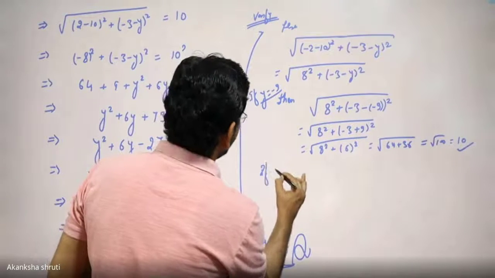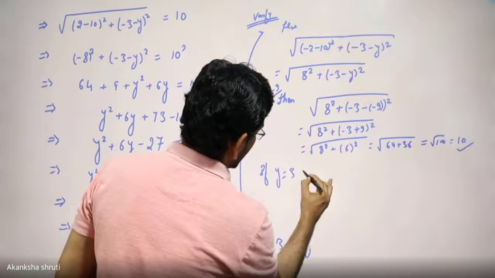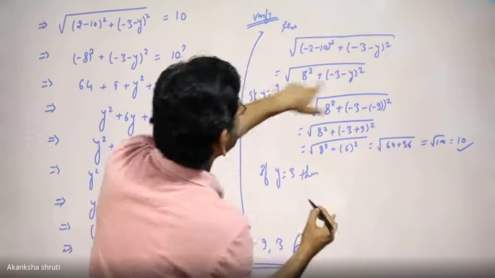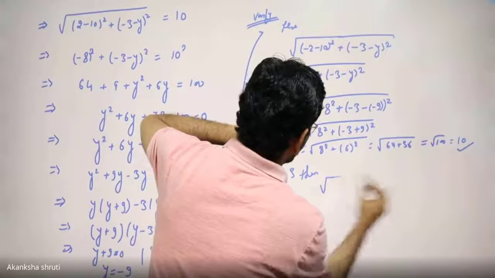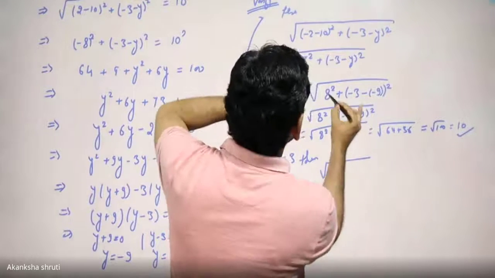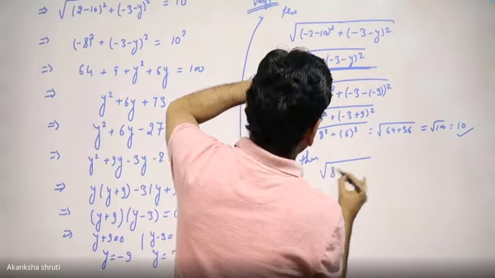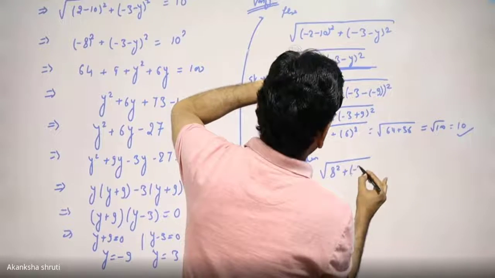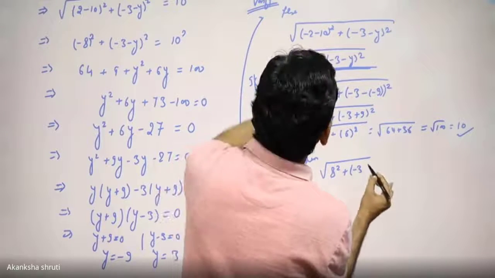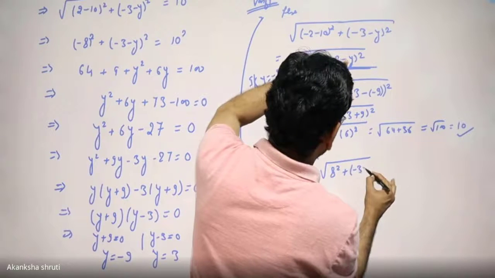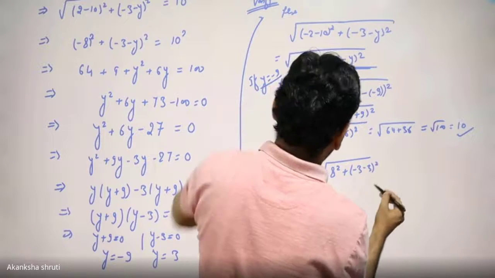Students, if we are taking y is equal to 3, then what is this value? Then it becomes the square root. We are substituting here. Be careful. So 8 square plus minus 3; now y value is 3 only with positive sign. So minus 3 there is square.